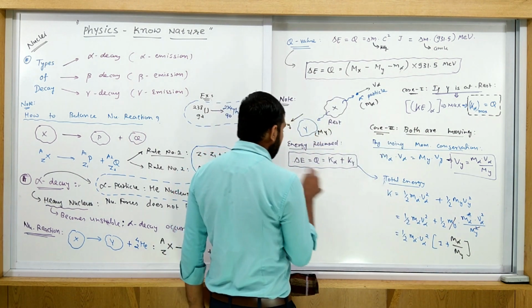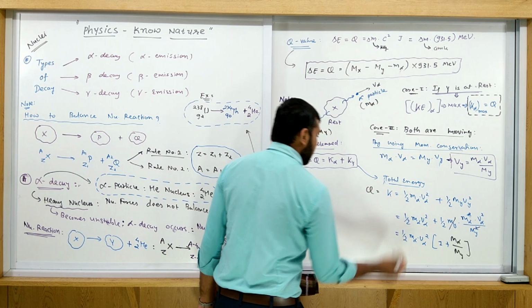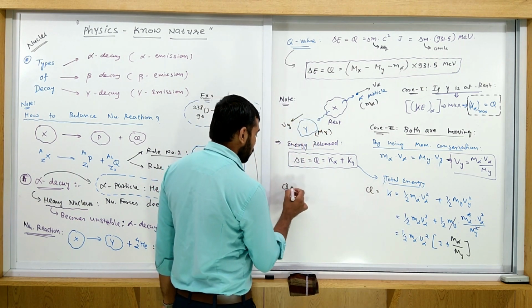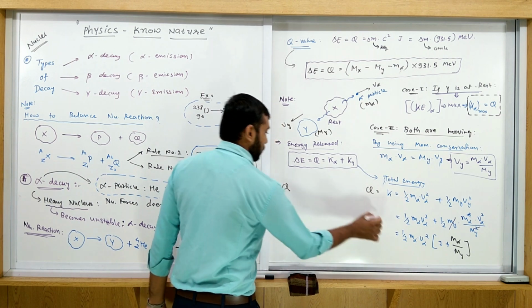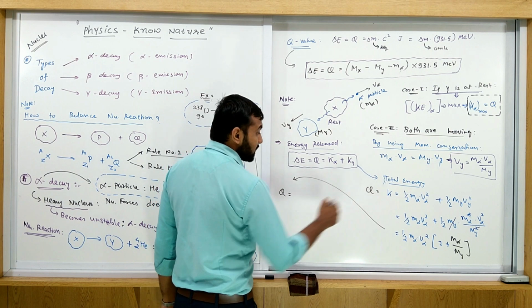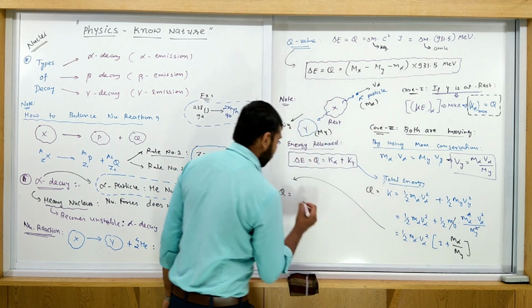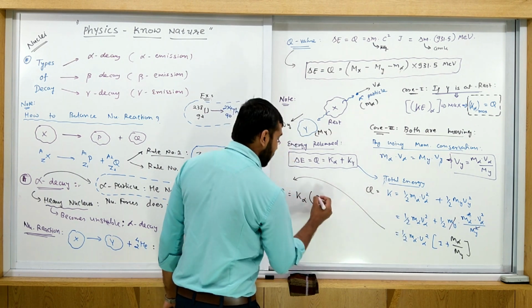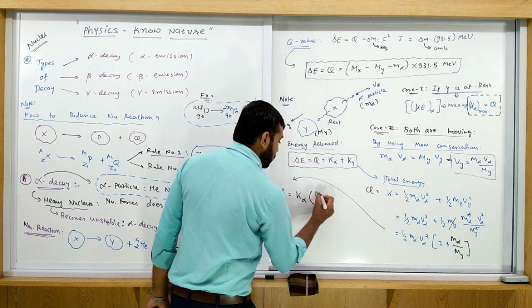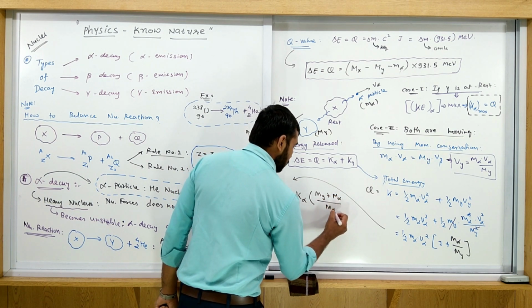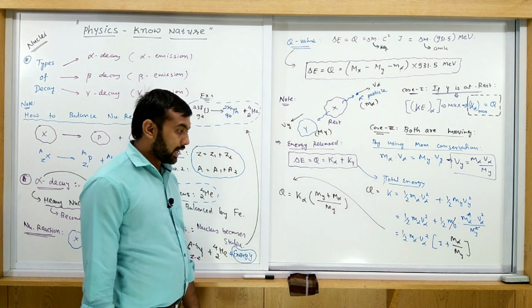So this K is equal to Q actually. So K is equal to Q. Let's simplify this equation. So Q is equal to K alpha into, we can simplify this one, my plus m alpha upon my, like this.